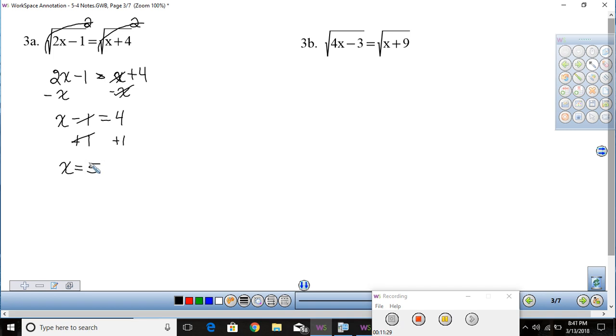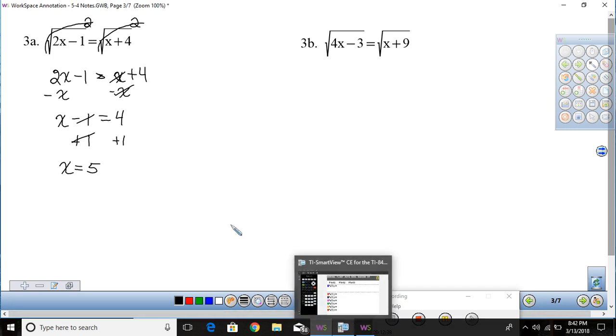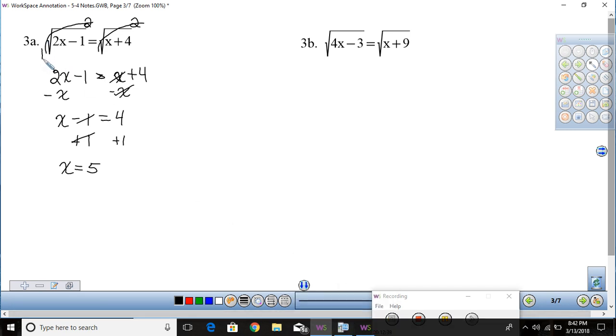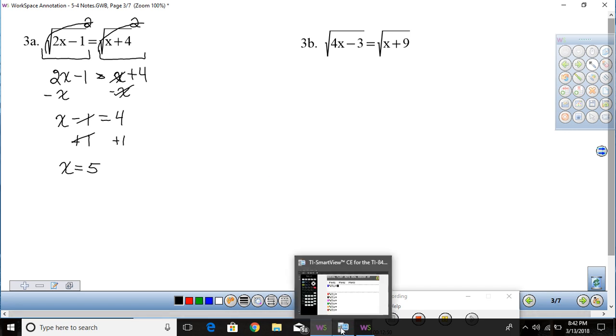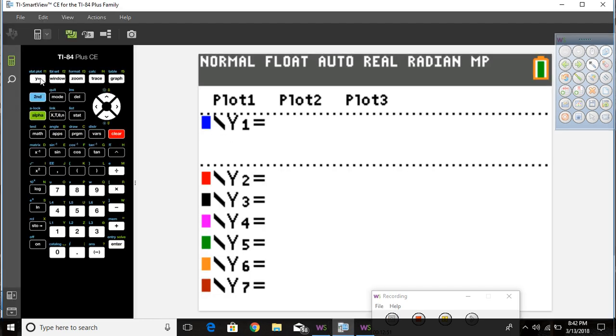So I want to show you another way to look at something. So grab your calculator, and what we're going to do is we're going to put this side in the y1, and we're going to put this side in the y2 in the calculator. So for this side, we've got the square root of 2x minus 1.